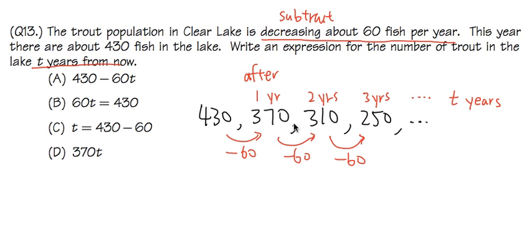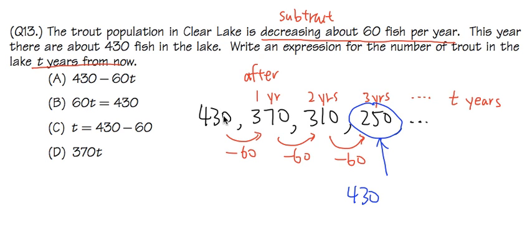What's the expression that represents the number of fish that we have? Okay, so I will use this for example, 250 right here. Assuming that we didn't do any of this, how can I get 250 without doing the first year and second year? Well, we start with 430, right?